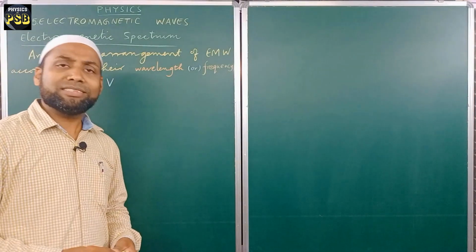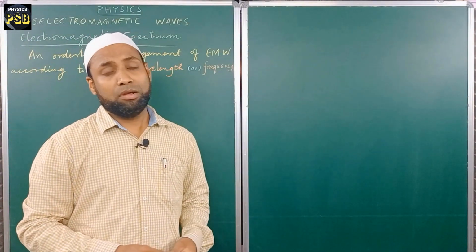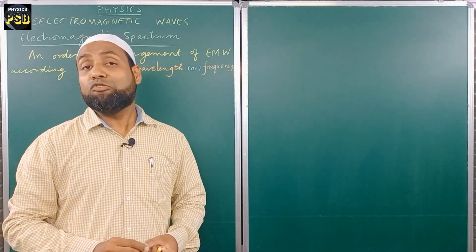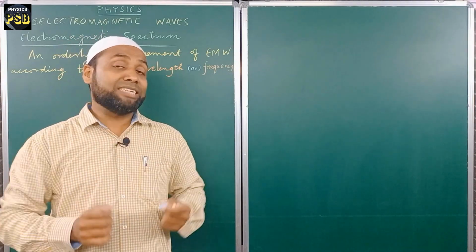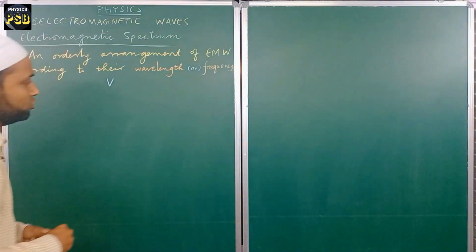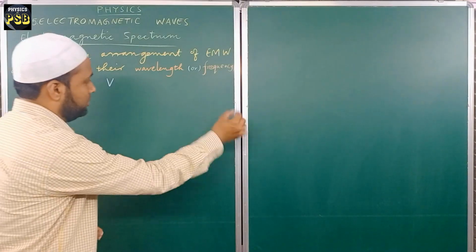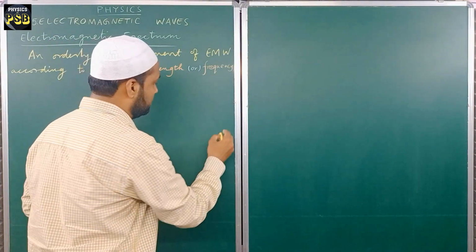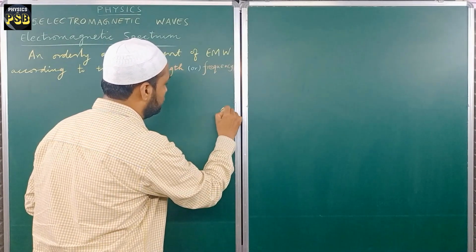Now, in our previous video, we studied the solar spectrum. When a ray of sunlight is made to fall on a glass prism, it gets dispersed into its constituent colors. So it shows VIBGYOR, the presence of 7 colors.